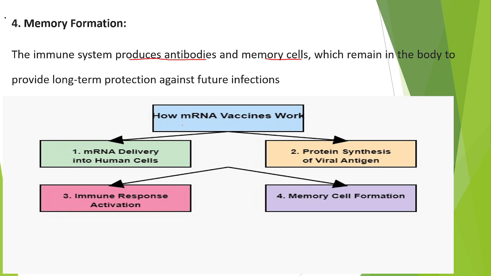Here is how messenger RNA works on this diagram. It also explains what we just covered: messenger RNA delivery to human cells, protein synthesis, memory cell formation, and immune response activation.